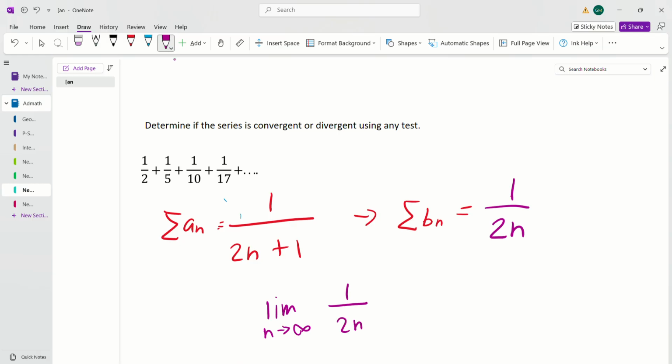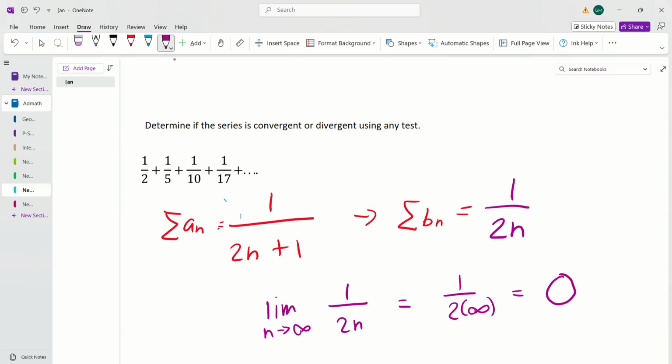By analyzing the behavior, if we replace n by infinity, it approaches 0, right? So the limit here is 0.